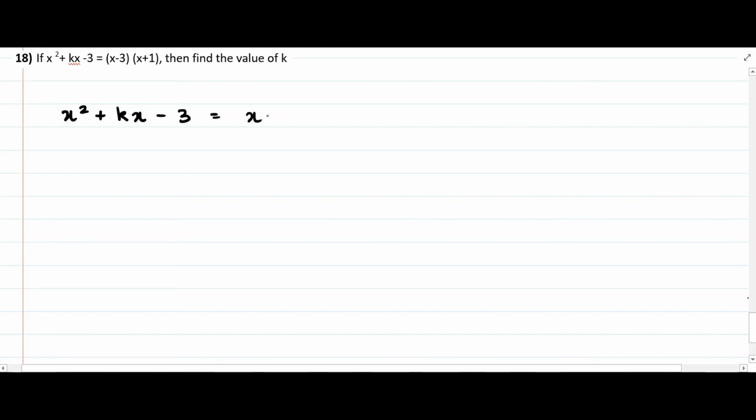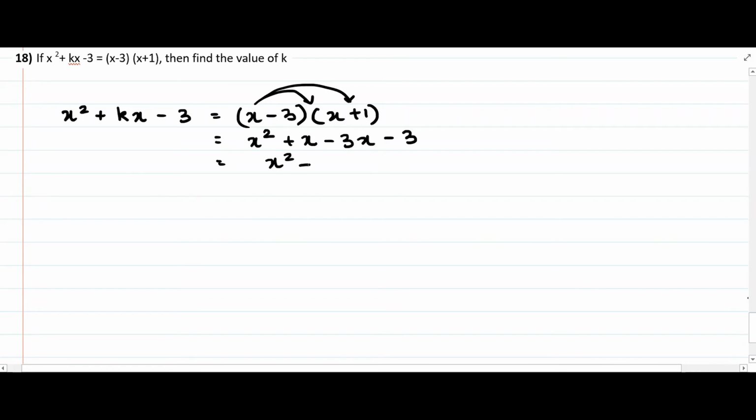So kx square plus kx minus 3 equal to, we'll just multiply x into x is x square plus x, then minus 3x minus 3. Okay, simplifying the like terms, we get x square minus 2x minus 3.